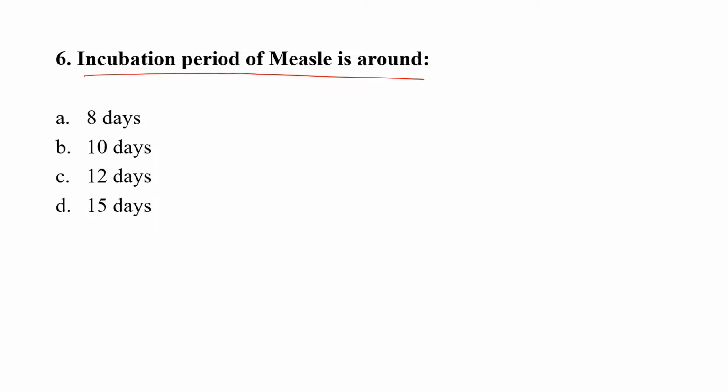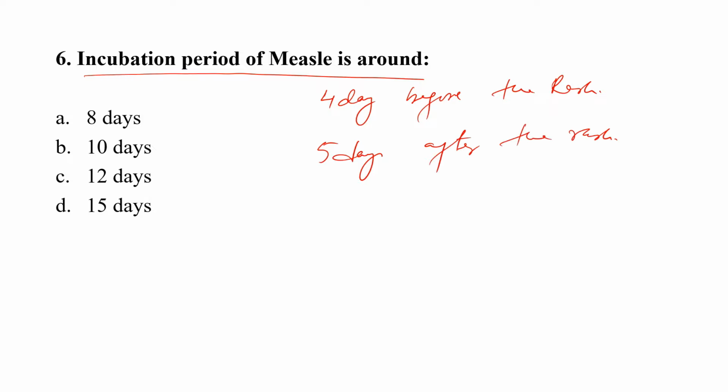This measles virus is transmitted by droplets that spread from the secretion of the nose or the throat, and the infective period is 4 days before the rash appears till 5 days after the rash appears. The incubation period of measles is around 10 days. So the correct option here is option B, that is 10 days.